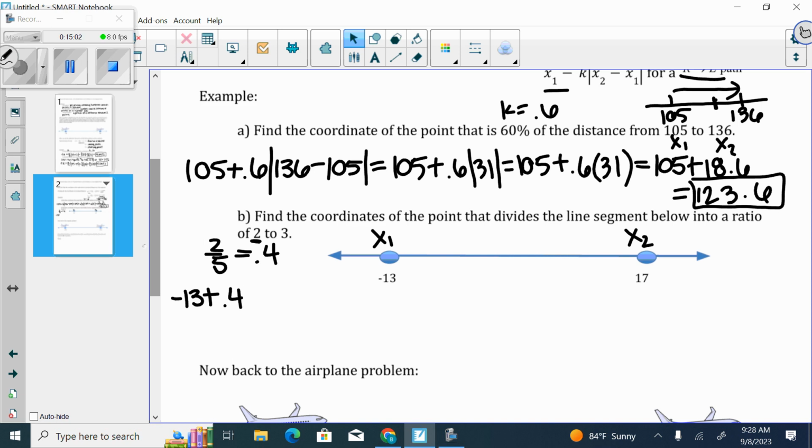All right, so we would have, since we're moving again from left to right, our x1 plus k times the absolute value of x2 minus x1. All right, and what is 17 minus negative 13? 30. And the absolute value of 30 is just 30.